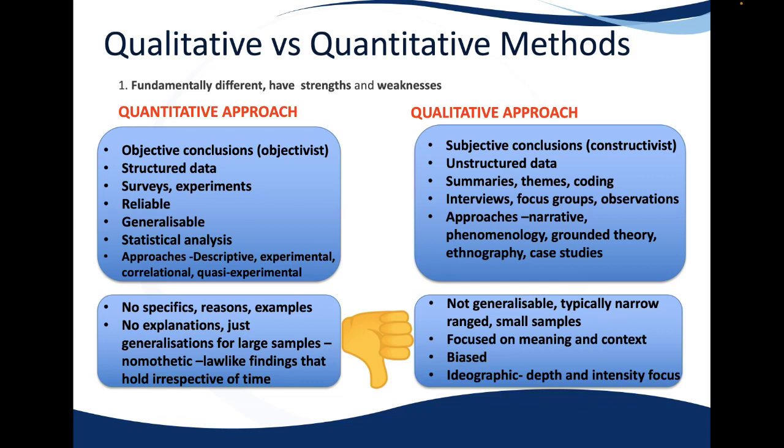It is based on objective conclusions, and in essence what we're saying is that objectivity is the approach that is central to quantitative research, whereas qualitative research is about subjectivity, where people's development of understanding is to do with the way in which they've personally constructed things.